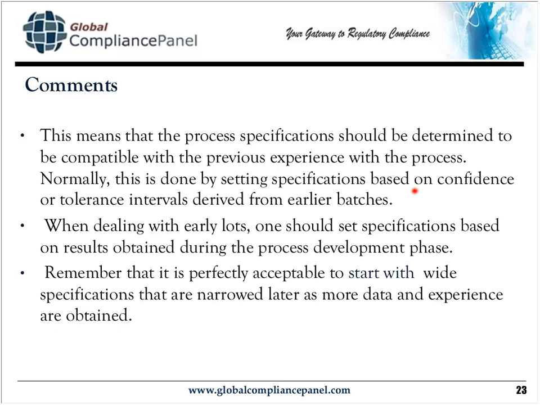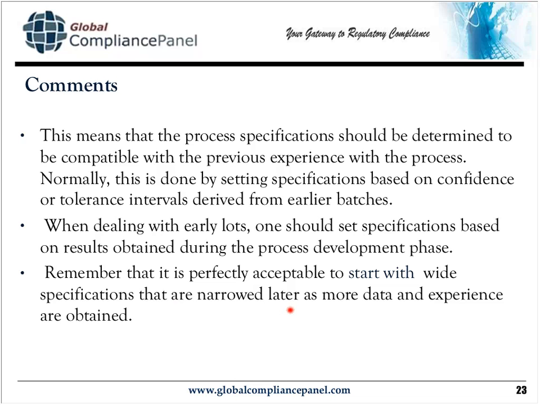Now remember, when you do this, you need to have your statistical variations in mind, and you need to be able to talk about them. But it's perfectly acceptable to start with wide specs and then narrow them later as you get more data and experience.